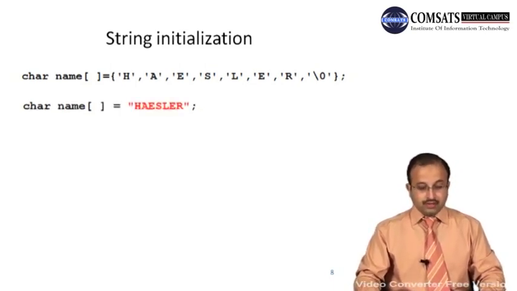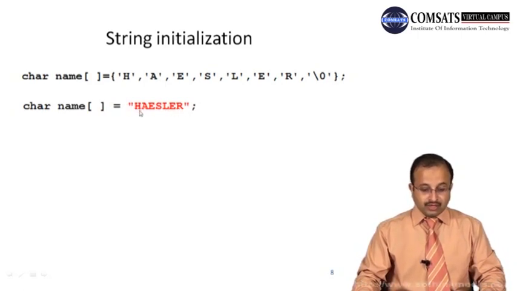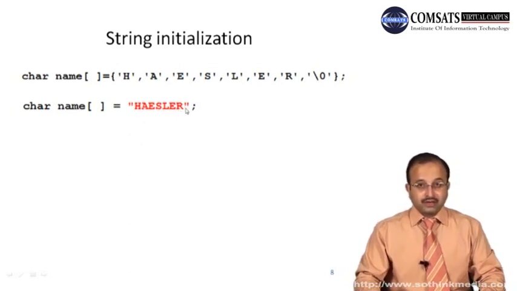This is another way to initialize a string. This is actually a string constant. In the double quotes you write the same string, Haesler. This is in double quotes, but you can see there is no null character over here.